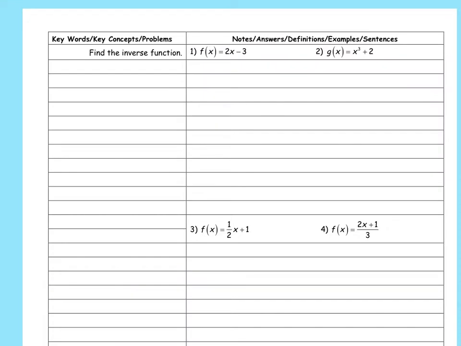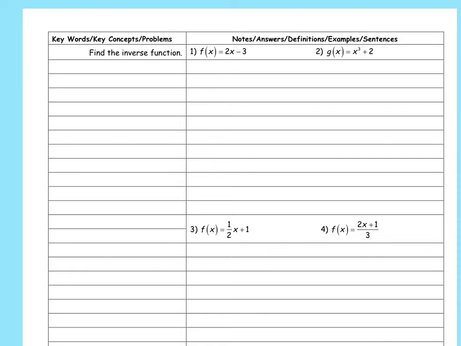Okay, so here we go. I'll just show you how to do it. Find the inverse. So notice there's no y here. None of these four equations that I have showing have a y. Can anyone tell me where my y is in these equations? Aren't they just the f of x and then the g of x? Yeah, good. So the f of x and g of x is another way of saying y.